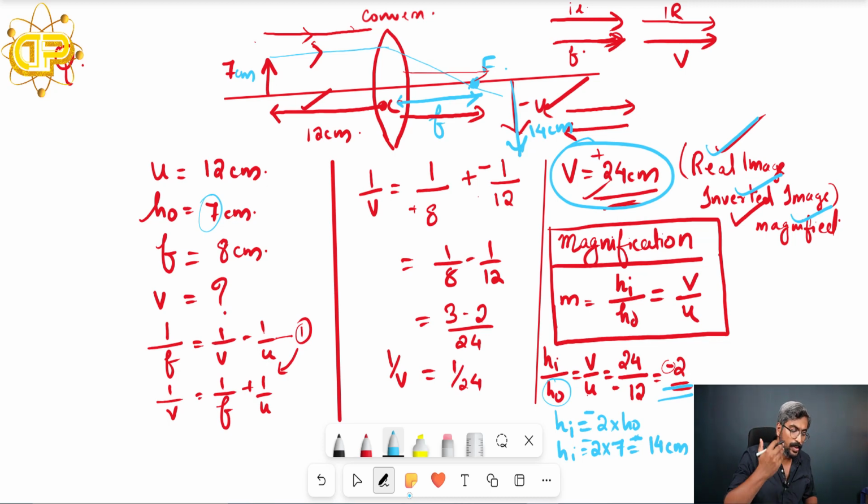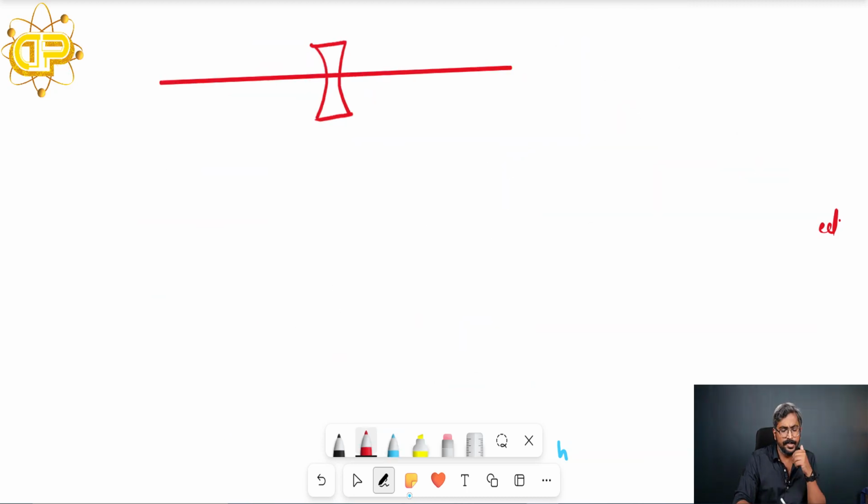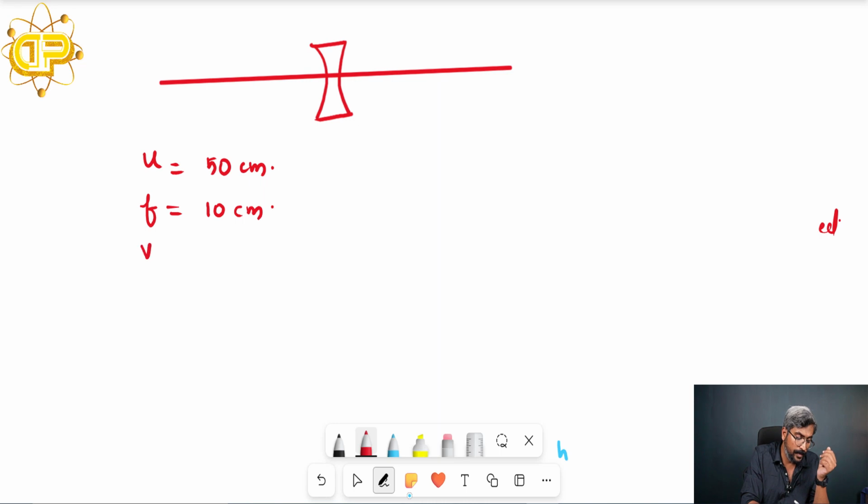Okay, let us go to the next question. Just imagine that you have another lens in your hand. Which lens? It is a concave lens. Let us imagine that you are given an object which is placed 50 centimeter from the lens. You are also given one more value, that the focal length is 10 centimeter, and you are asked to find out the position of the image.